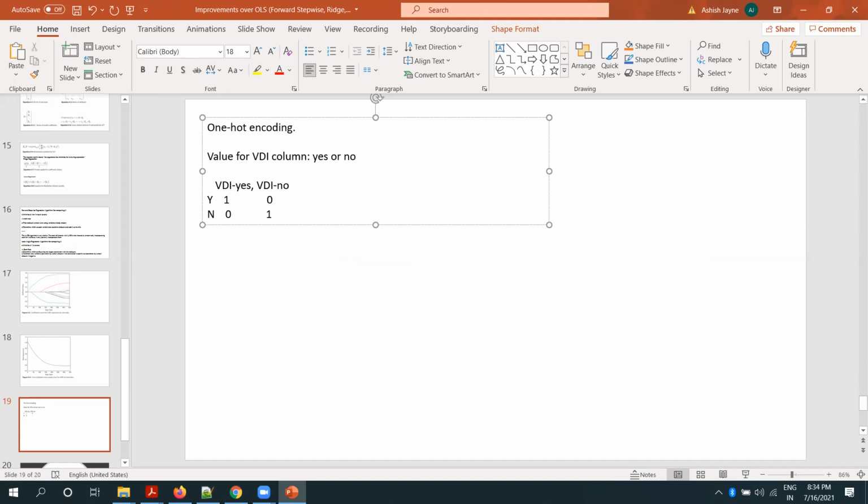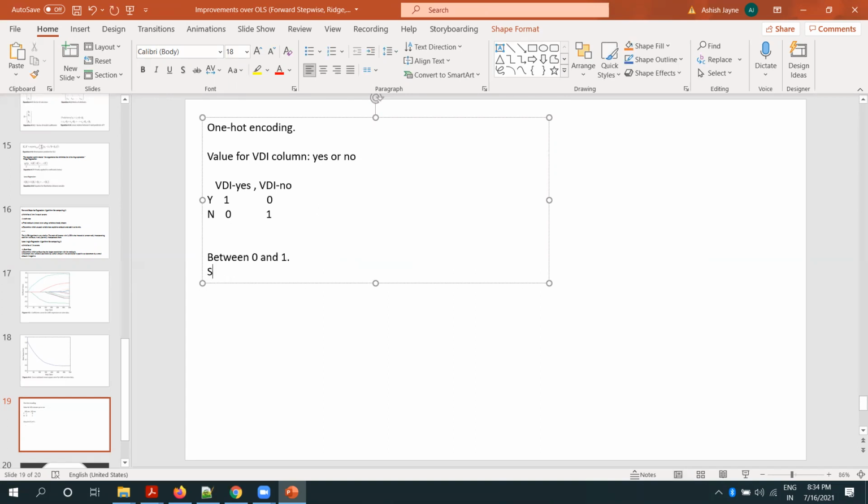This is how you would convert your labels from alphabets to numbers, and then you would try to predict VDI yes. When you do the prediction, it would be some value between 0 and 1.